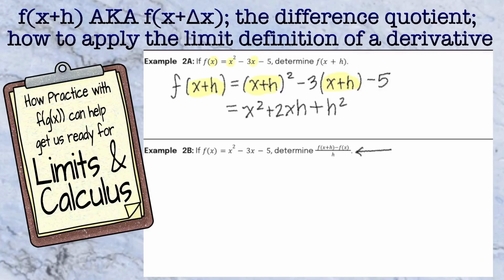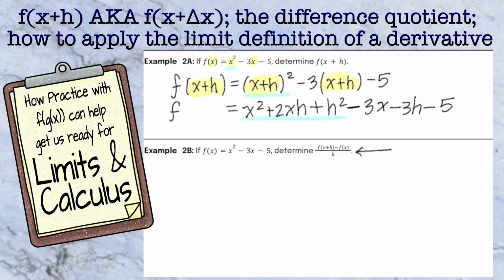The x squared became that, which became that, just to distinguish that right there. From there, we're going to keep going. Minus 3x. Keep distributing. Don't be a fool. Minus 3h and minus 5. So there we have it.